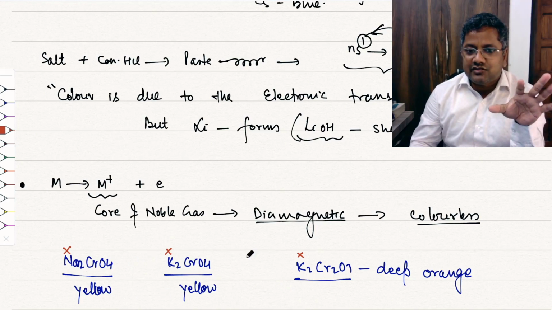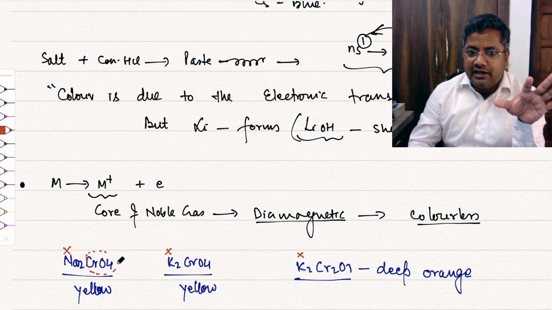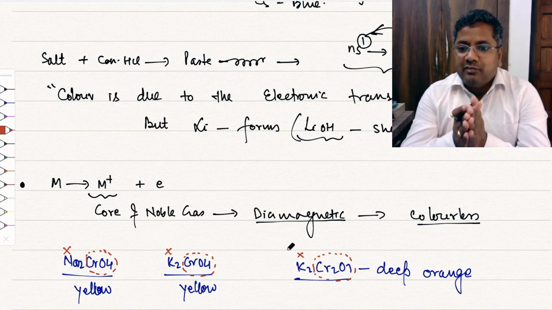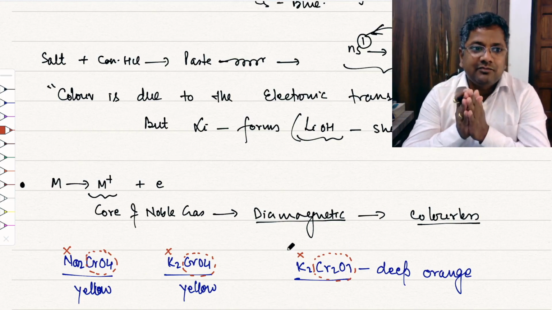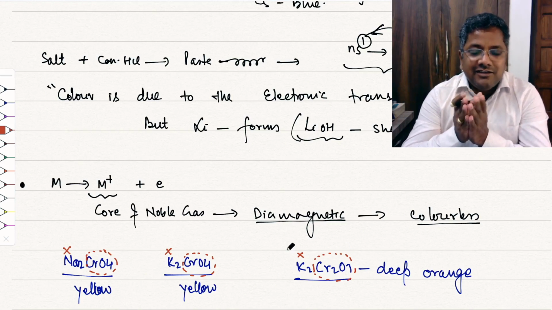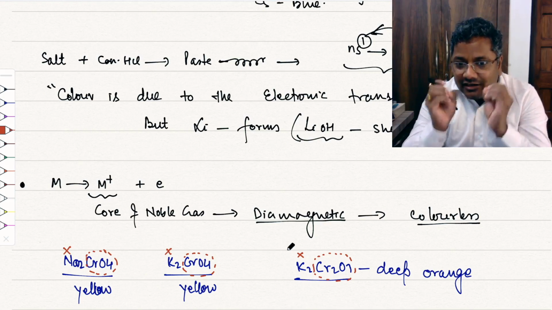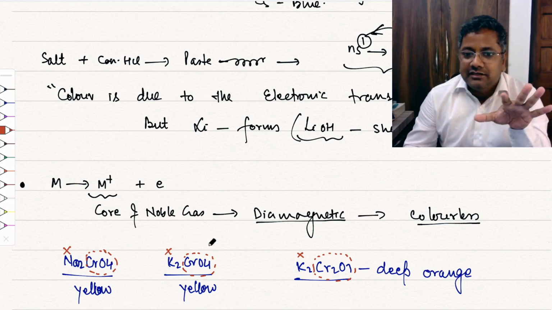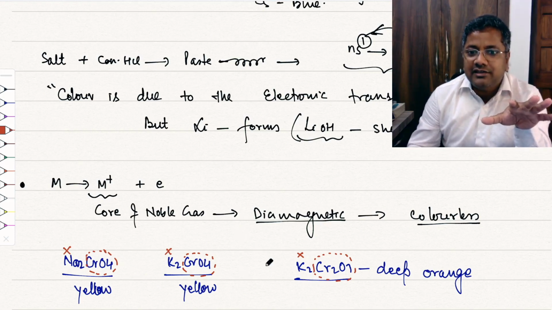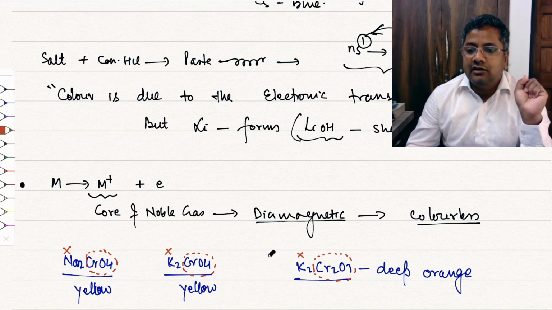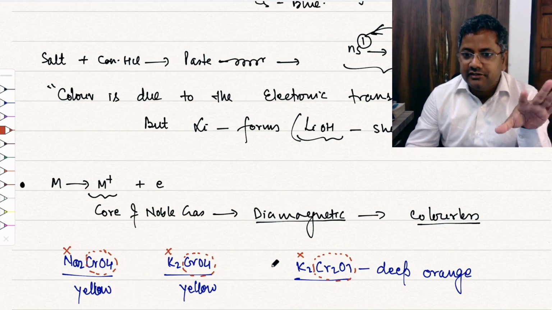The color of these compounds is due to the chromate ion and the dichromate ion, right? You can say these are compounds of the first group, so first group compounds may have color, but don't consider that this color is due to sodium or potassium. The color is due to the chromate and dichromate ion. Getting this point? Okay.